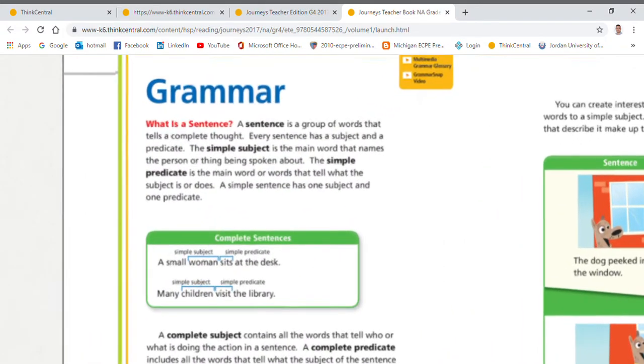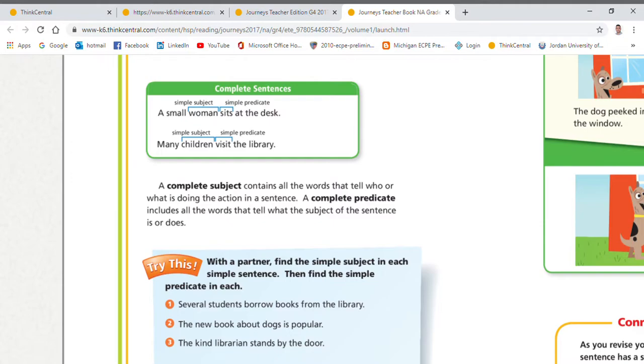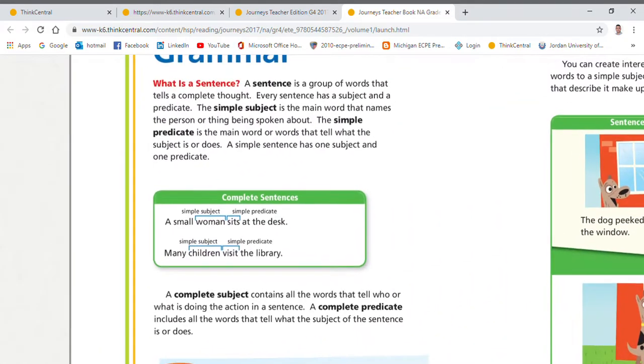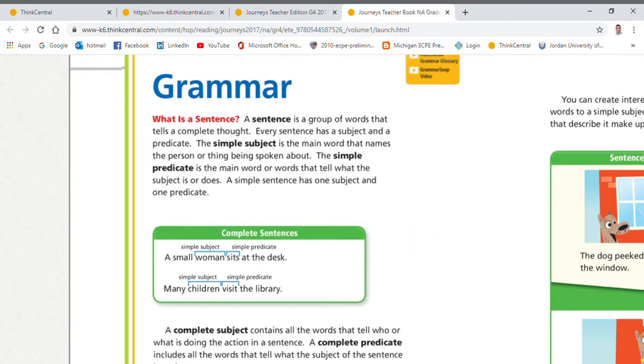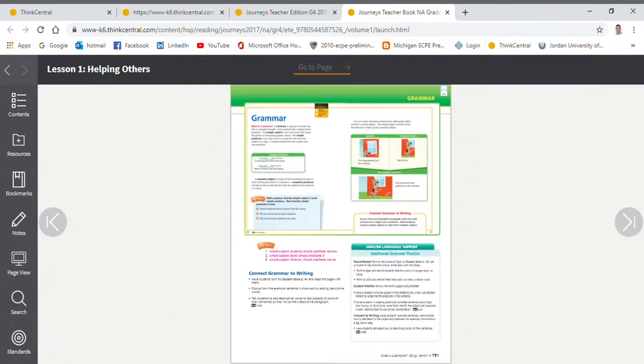A sentence is a group of words that tells a completed thought, and it must contain two elements: a simple subject and a simple predicate, to form a complete sentence. And remember, if we don't have one of these elements, like a subject or a predicate, it's not a sentence. We call it a fragment.